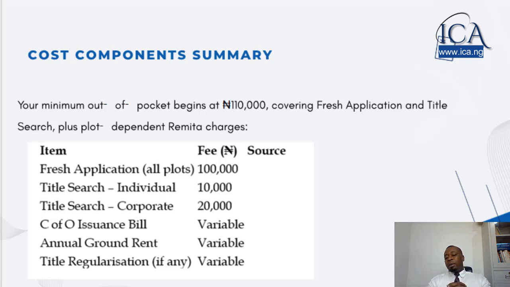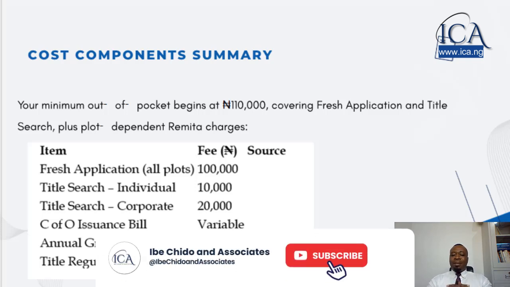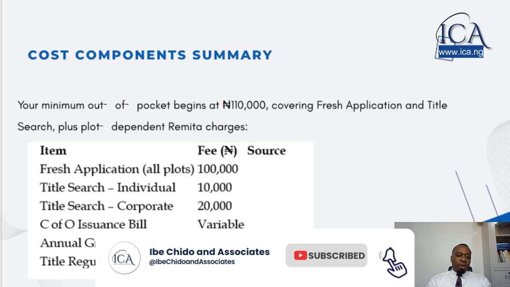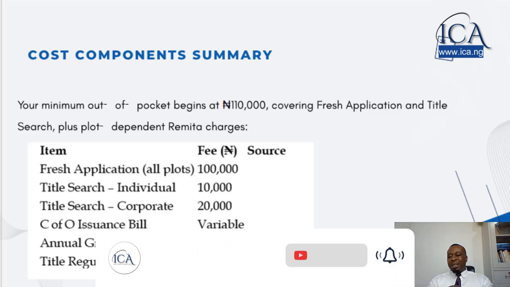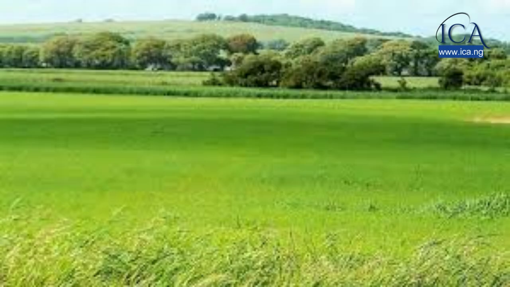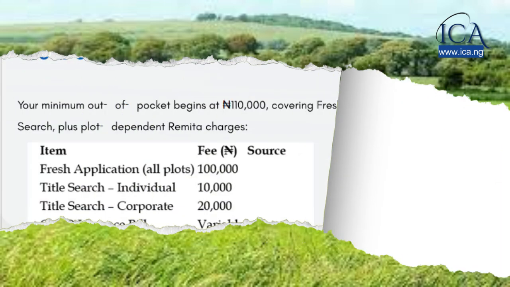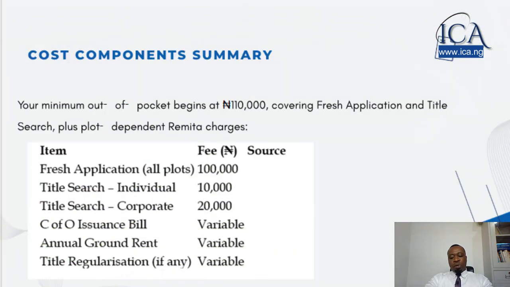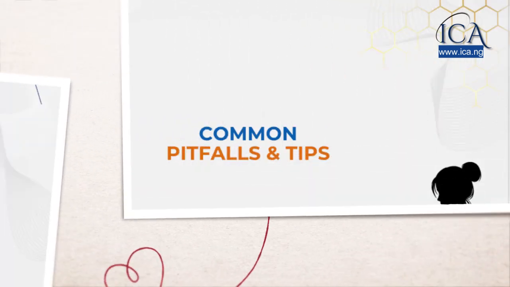Once they key in your title number and everything with regards to your R of O into their system, it will bring out the bill that you are expected to pay based on the size of your property and the location. So once that is sorted out, you go to the bank and make payment.